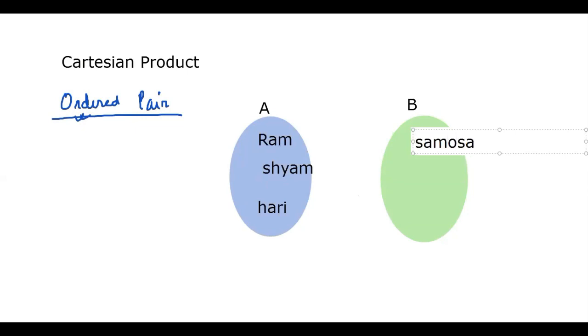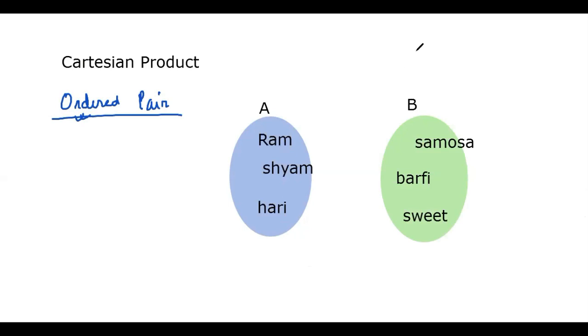Say samosa, then barfi, and then sweet. It is not at all necessary that both the collections should have the same number of objects.